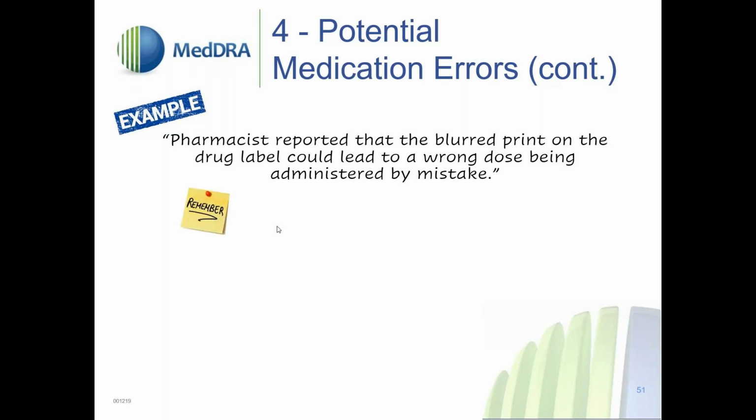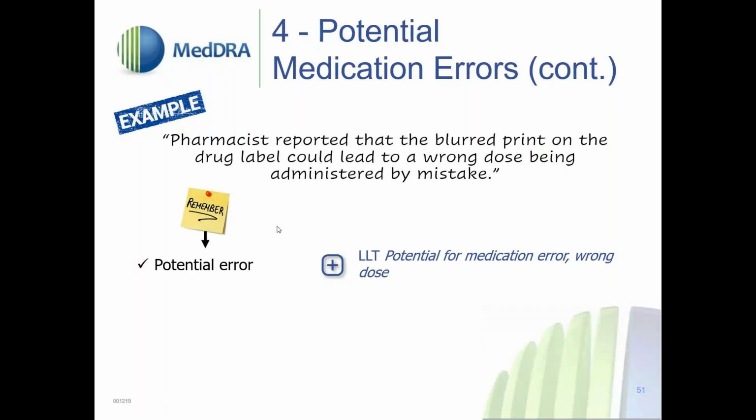So remember, we would code the potential error by selecting LLT potential for medication error, wrong dose, under PT circumstance or information capable of leading to medication error. A perfect combination term that captures the potential for a medication error and the type of error.